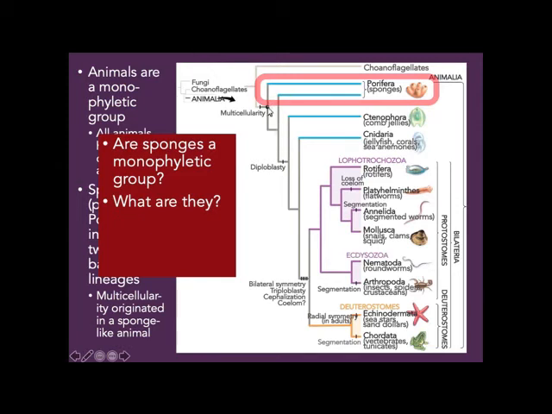So what's the definition of a monophyletic group? An ancestor and all of its descendants. Yeah, so if this is the ancestor, all of its descendants would be the whole tree, right? So what do you call a group that has some of the members and then kicks out some of the other members? Remember what that one is? That's a polyphyletic group. Yeah.